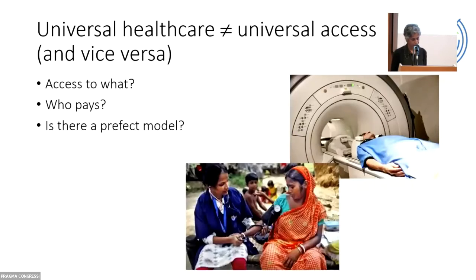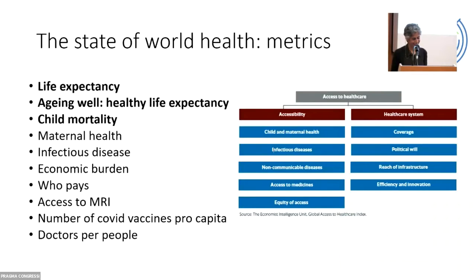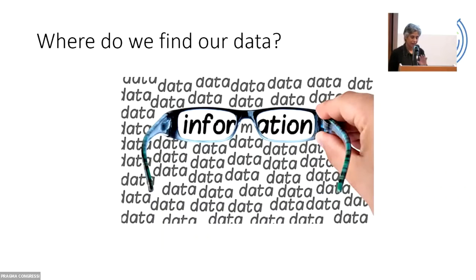So, okay. Right. When we want to find data on the state of world health, we have the internet. Where do we go? Where do we look for good data, reliable data? Well, that's also something that is part of a learning process. You go on the internet and you type statistics on world health or something like that.